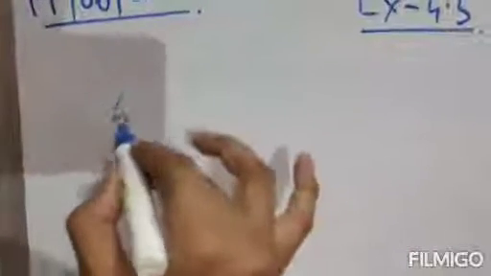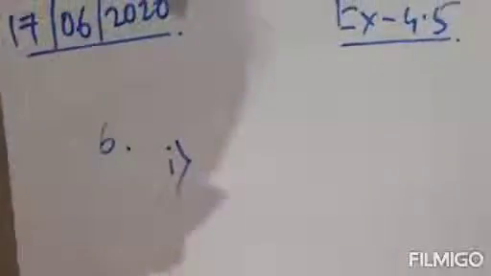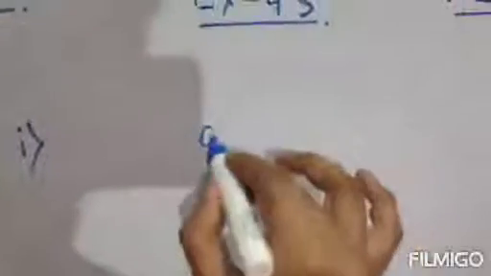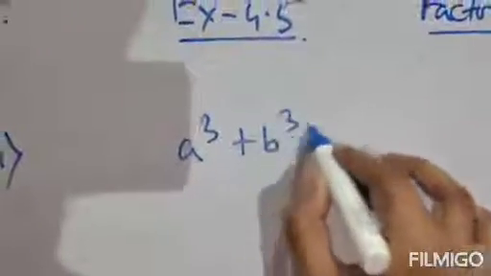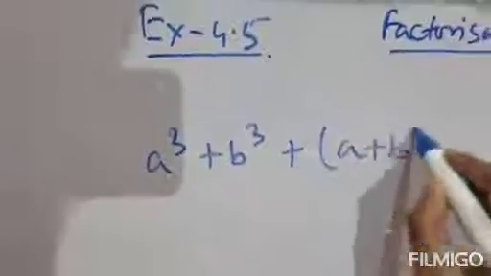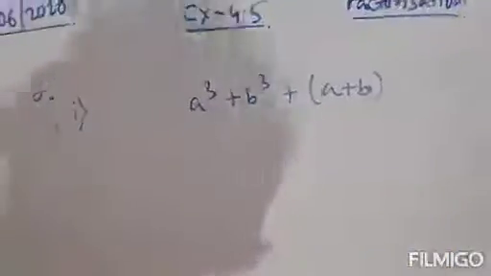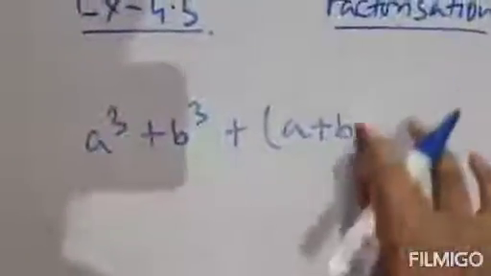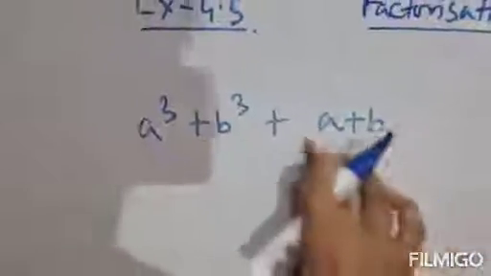Next question, question number 6-1. A to the power 3 plus b to the power 3 plus a plus b. Here it is.